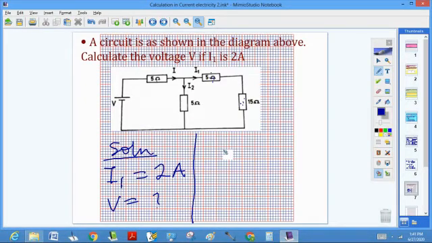So to find the effective value of R, let's first number the resistors. Let's call this R1, R2, R3 and R4. R2 and R3 are connected in series.